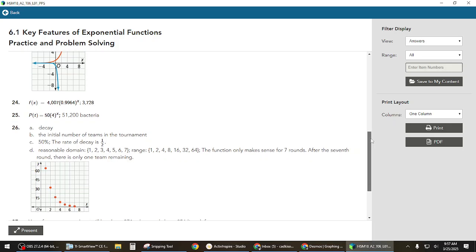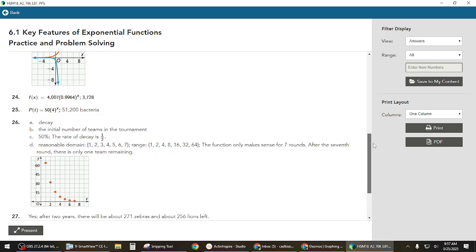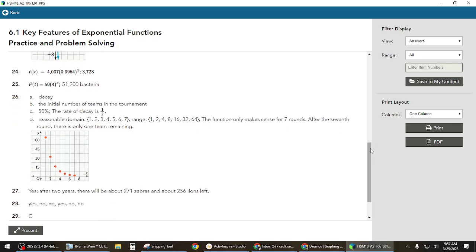All right, 20 was 26. What was the next one? Okay. So this is a decay function. The initial number of teams in the tournament, that's the answer for B. So 50% or 1/2 is our decay rate. What does it mean by reasonable domain?